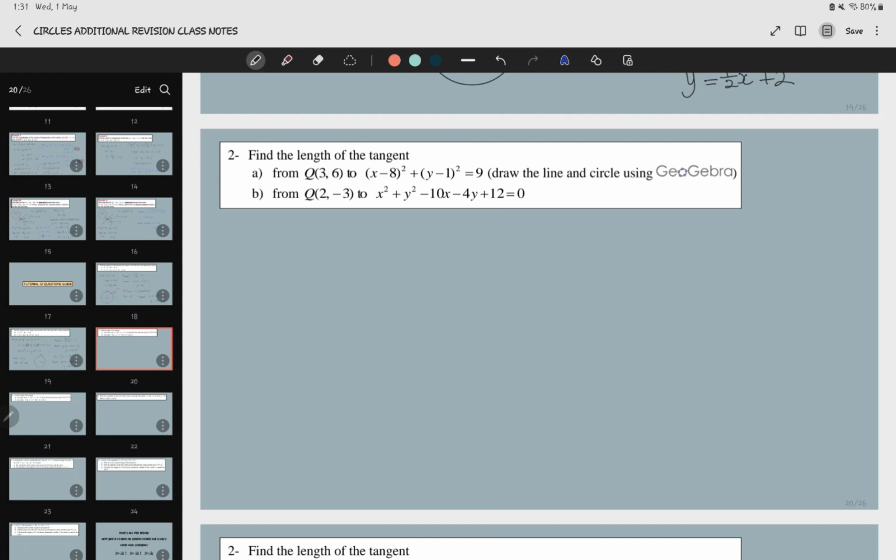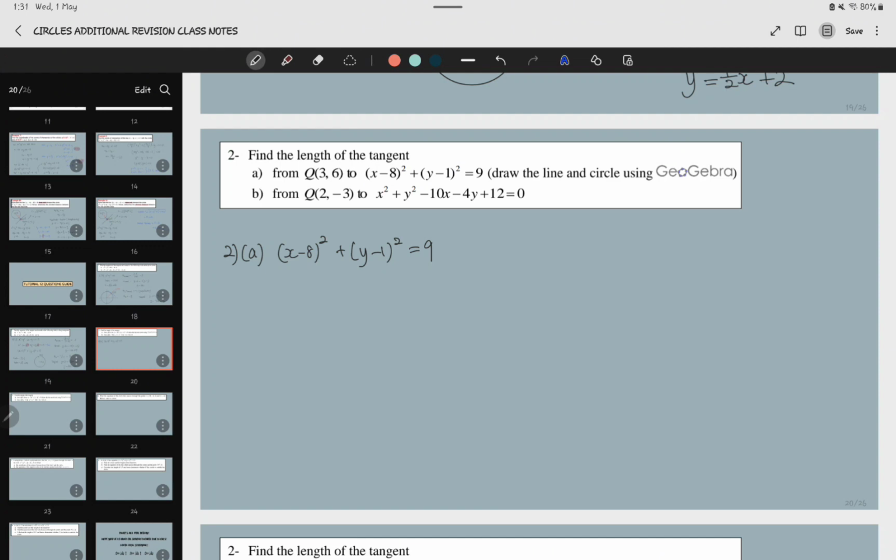Okay, so to A, from Q, which is the point, x minus 8 squared plus y minus 1 squared equals 9. What is this?